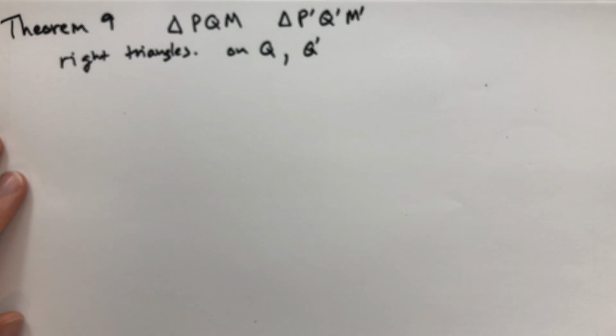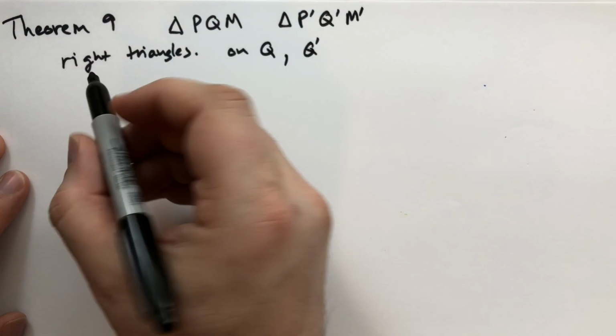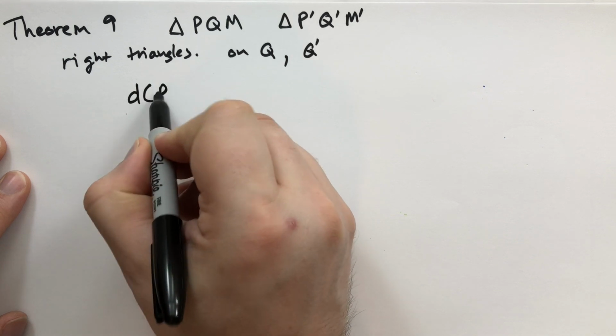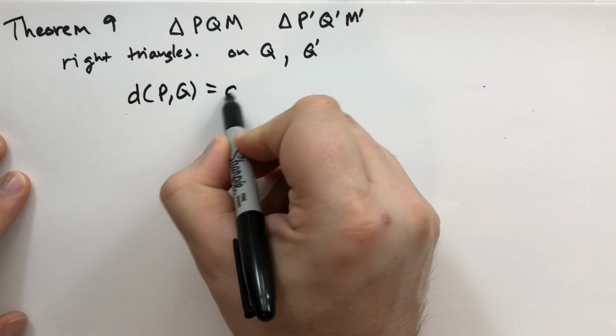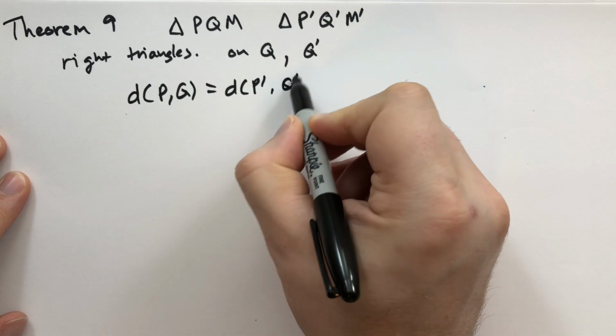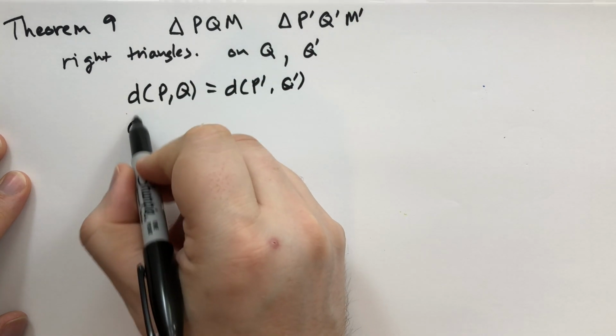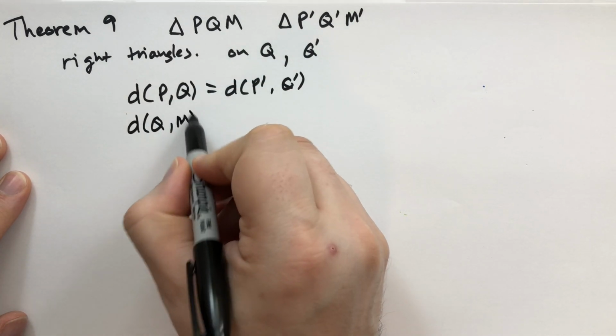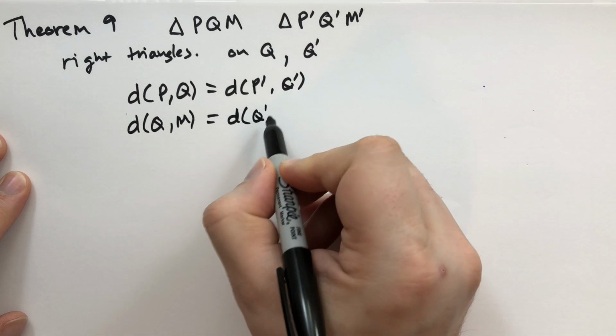Okay. And the legs have the same distances. So the distance from P to Q is equal to the distance from P prime to Q prime. And the distance from Q to M is the same as the distance from Q prime to M prime.